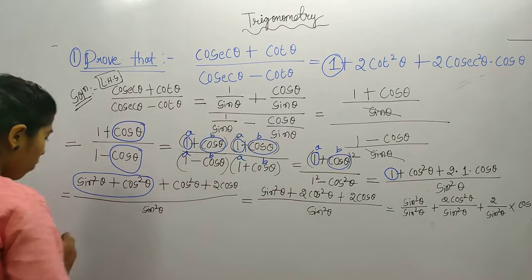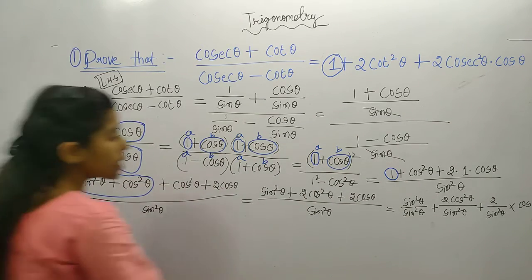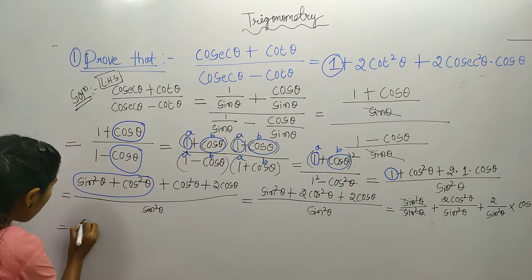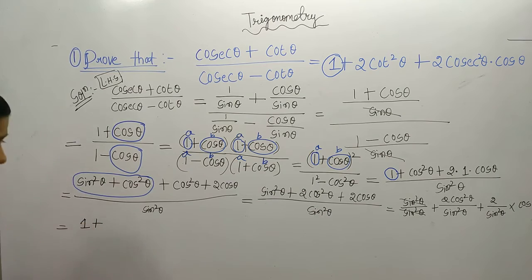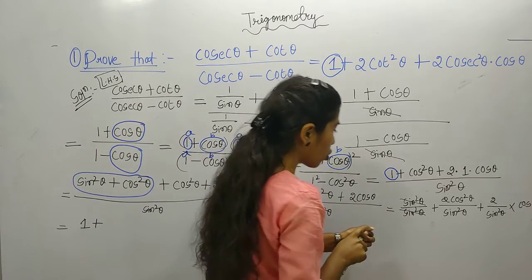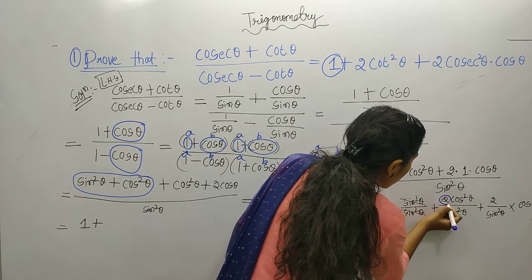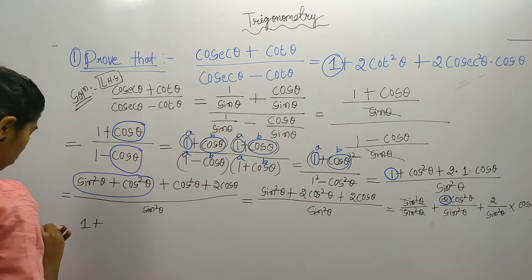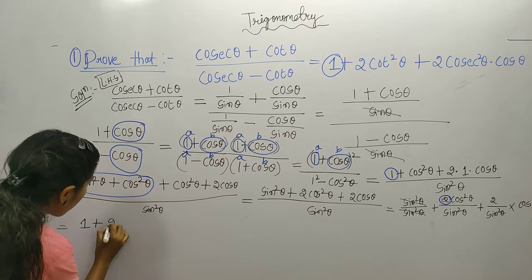So here you see what we will get then. Sin square theta will cancel. It will become 1 plus, then you can see here 2 is there, so here we will write 2.